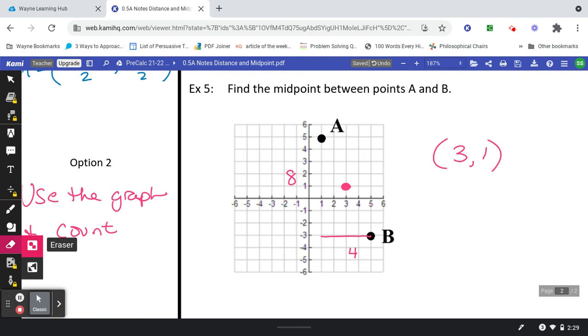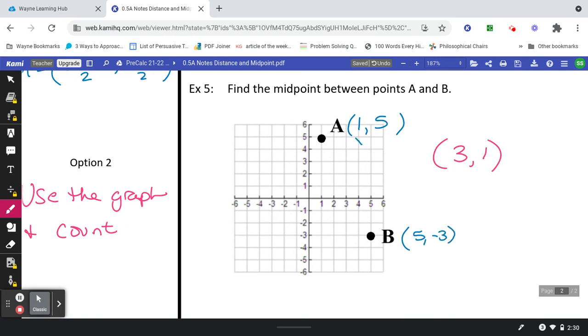If neither of those ways makes sense to you, then you would simply go back to your midpoint formula. You would just have to find these points. This would be 1, 5. And this would be 5, negative 3. And then you could just do x1, y1, x2, y2. And that'll end up getting you the same answer as 3, 1.